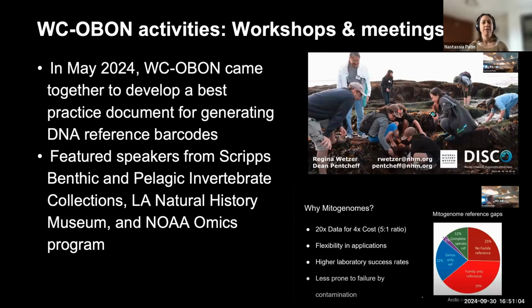We had speakers from large collections programs, including the Scripps benthic and pelagic invertebrate collections, as well as the Los Angeles Natural History Museum, to talk about how they go about collecting and vouchering specimen organisms that can then be used as the basis for your genomic DNA, where the reference barcodes are generated. So that was really valuable.